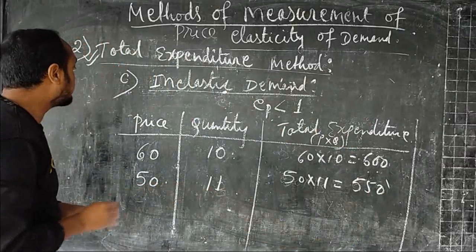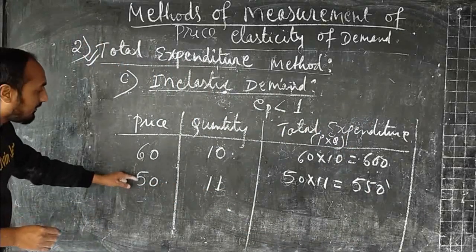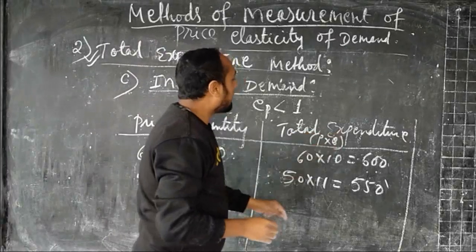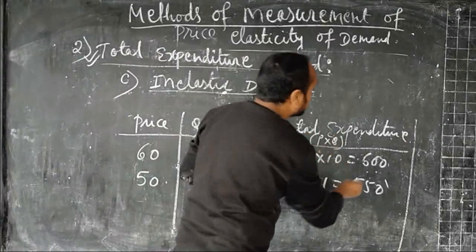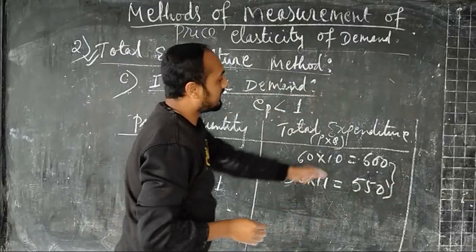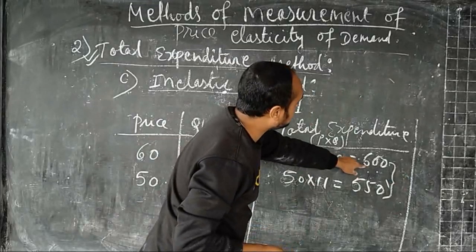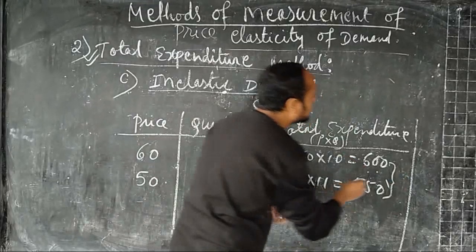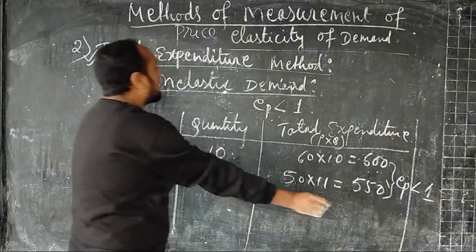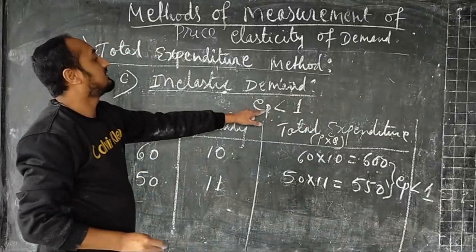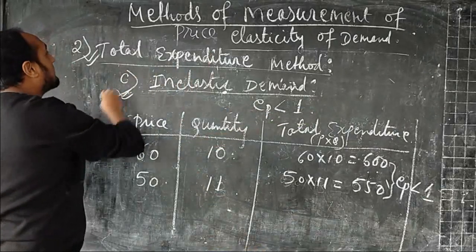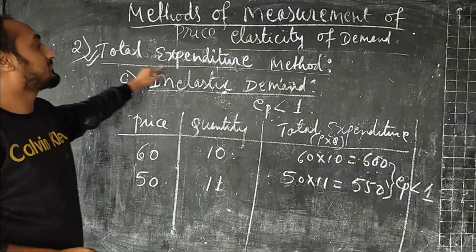So here we can see that due to fall in price of the commodity from 60 to 50, the total expenditure is decreasing from 600 to 550. So in this case, EP will be less than 1. Here, the value of price elasticity of demand will be less than 1. So this is the case of inelastic demand in the total expenditure method.